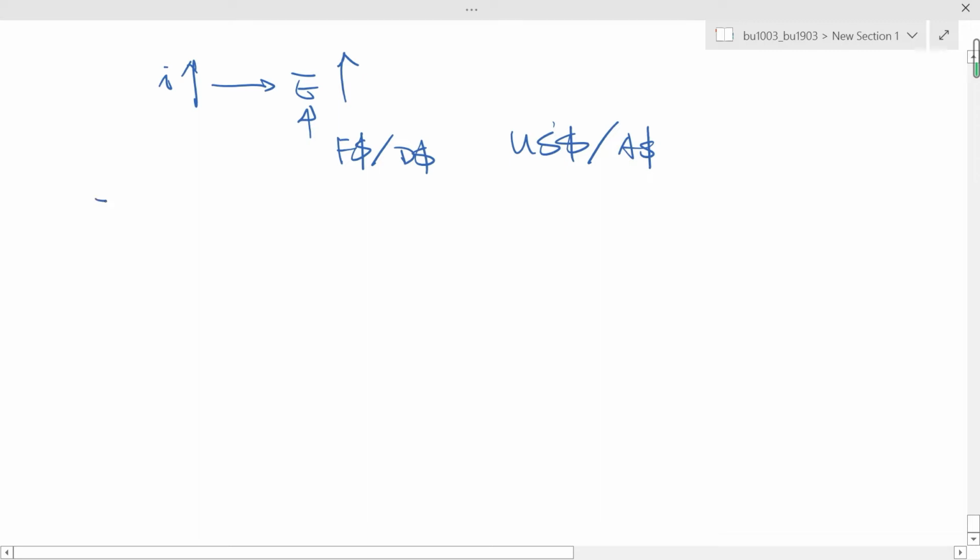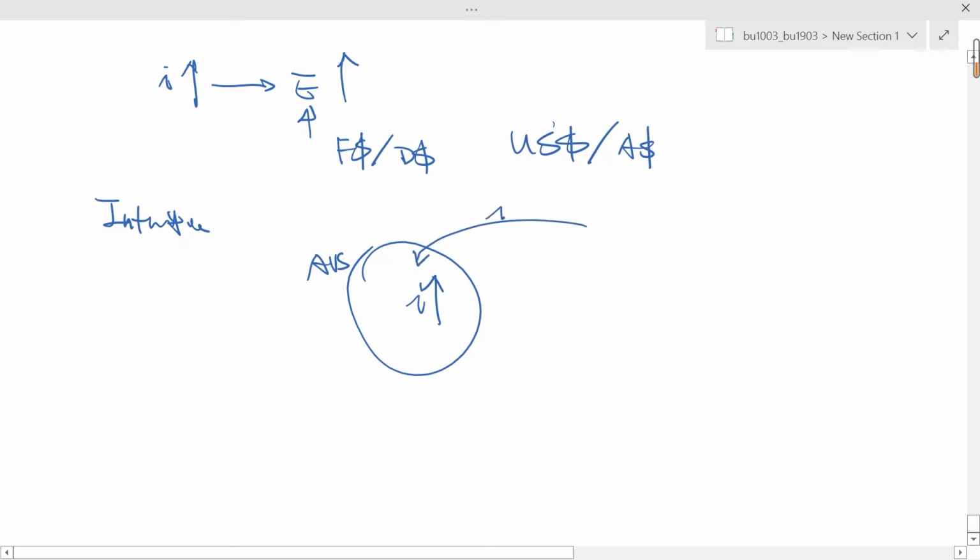Okay, the intuition is, here is the domestic economy, the interest rate goes up, so everybody wants to invest in Australia. So foreigners, who hold US dollars, need to exchange US dollars for Australian dollars in order to invest in Australia.